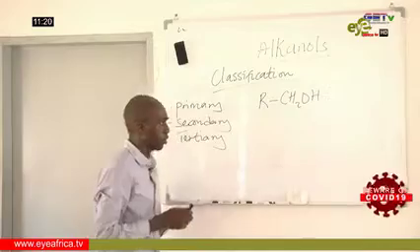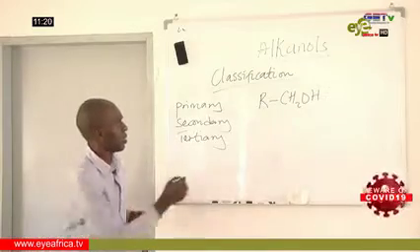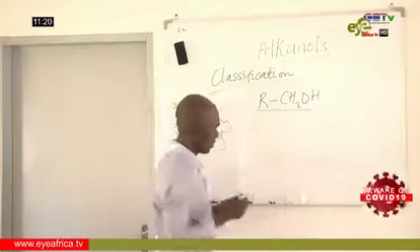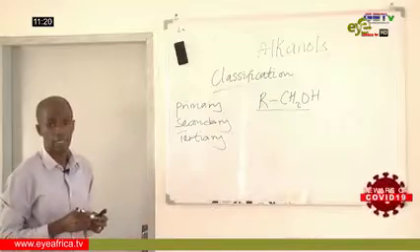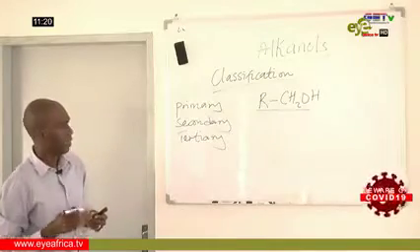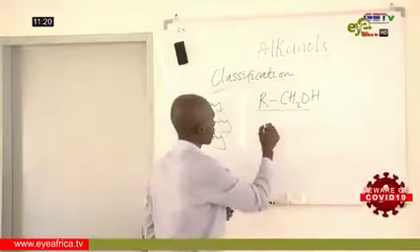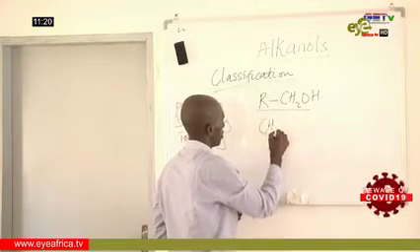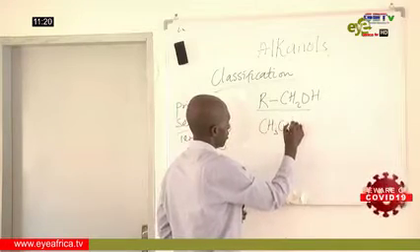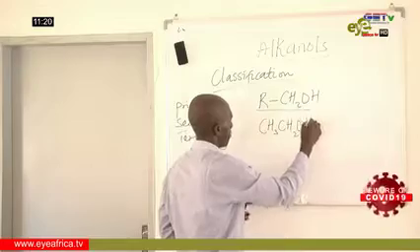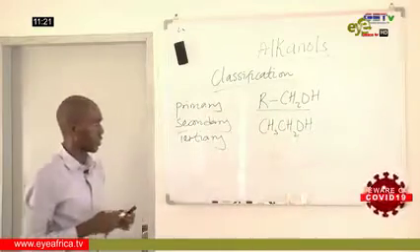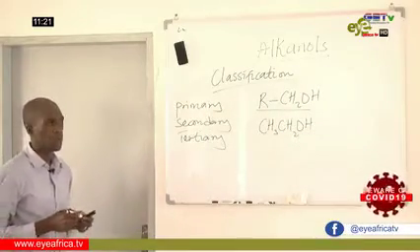So if you have a type of alcohol that looks like that, we refer to it as a primary alcohol. Let's take an example. So this is an example of a primary alcohol.